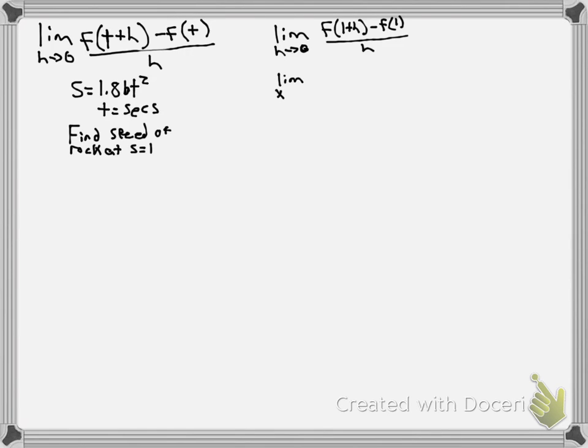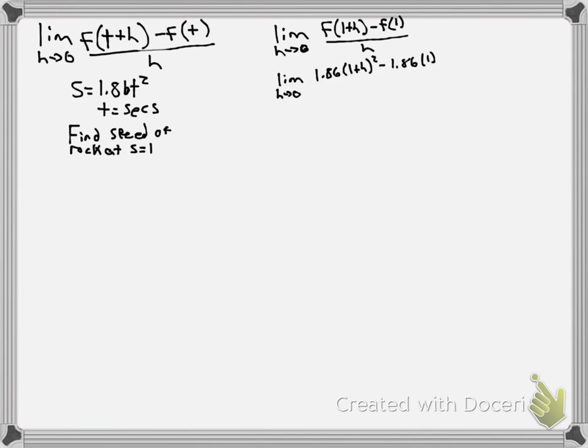If I substitute 1 plus h in for t, I'm going to get 1.86 times (1 plus h) squared minus 1.86 times 1 squared, all over h. There is my f of 1 plus h. There is my f of 1. So I have the limit as h approaches 0 of 1.86 times (1 plus 2h plus h squared) minus 1.86, all over h.